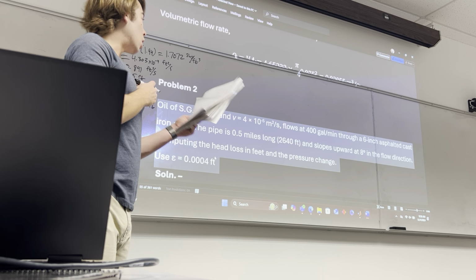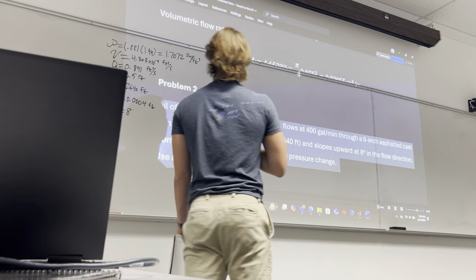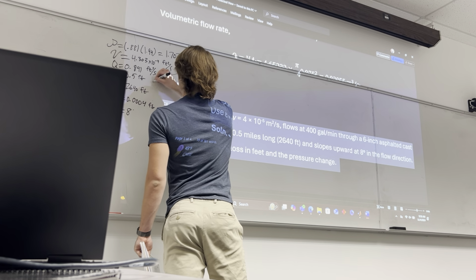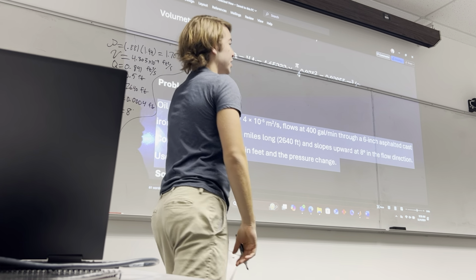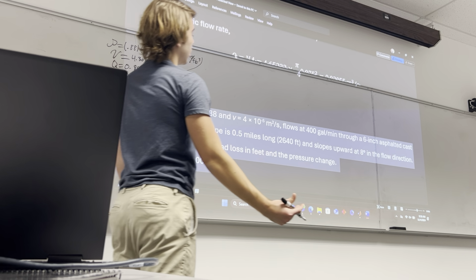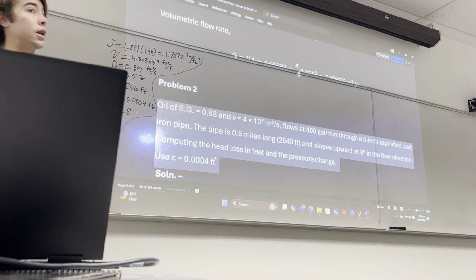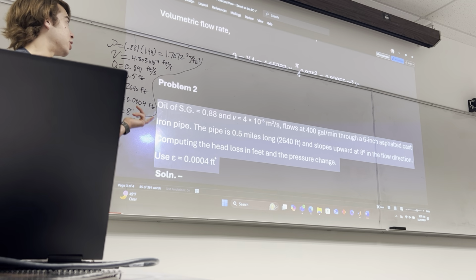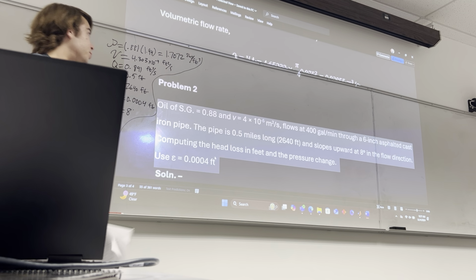Starting off, like I said, we always want to try and find a Reynolds number first. To do that, we need to find a velocity value. In this case, it's nice, we can get a velocity because we know our volumetric flow rate.